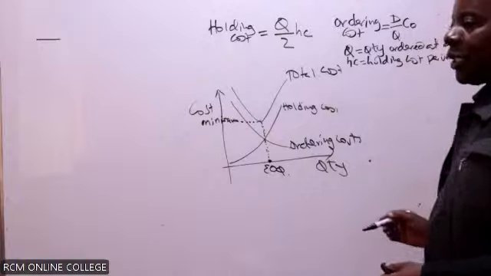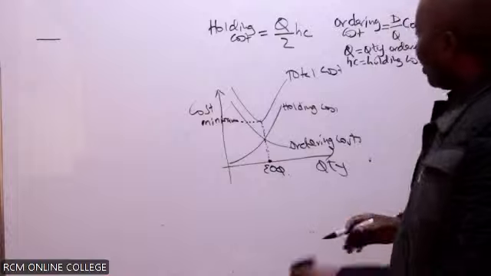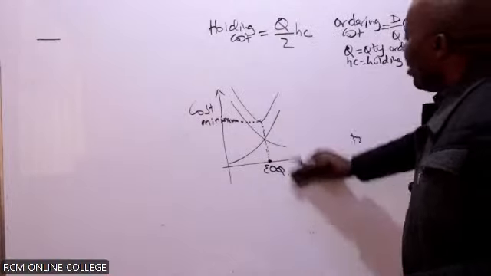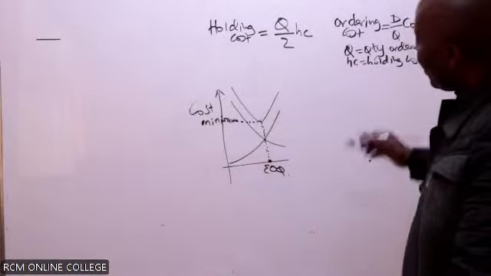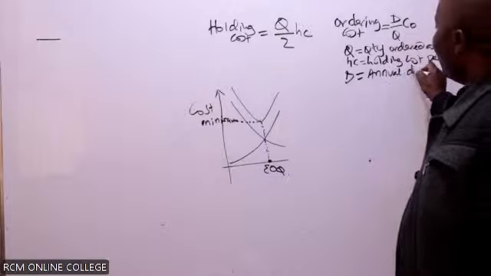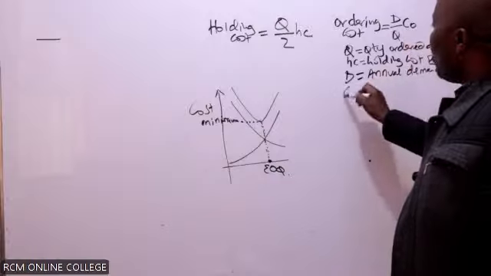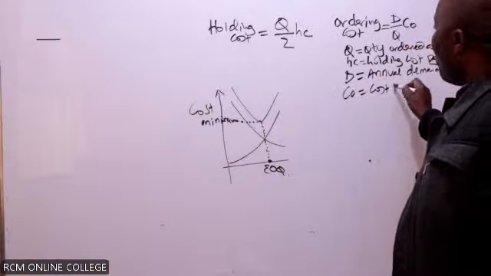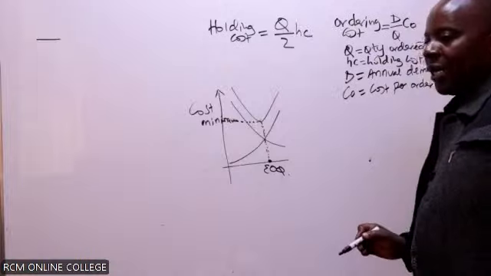D is the annual demand. CO is cost per order.